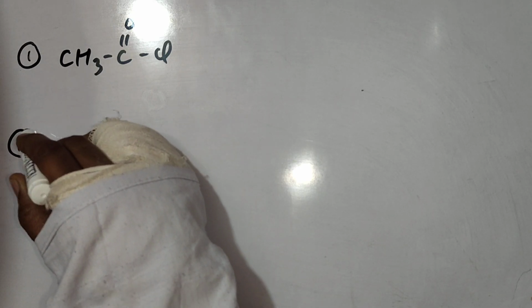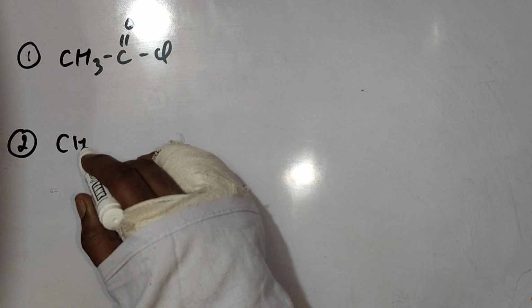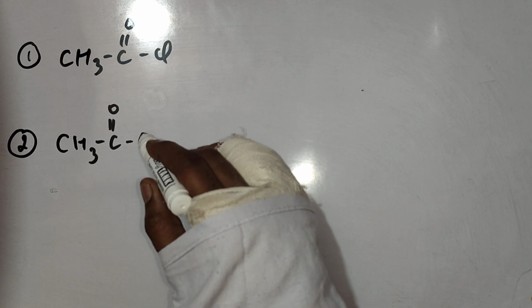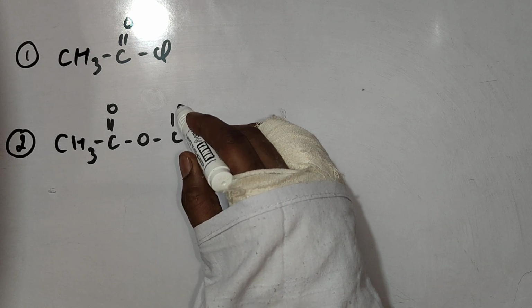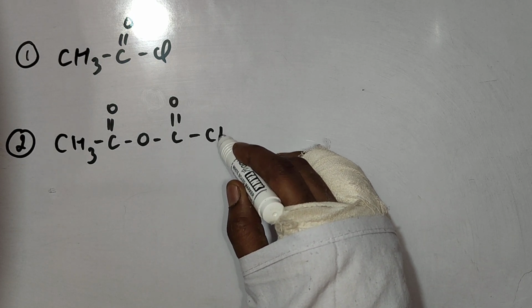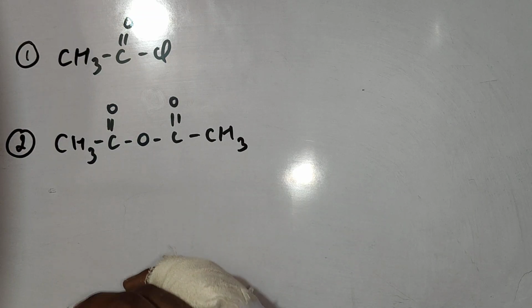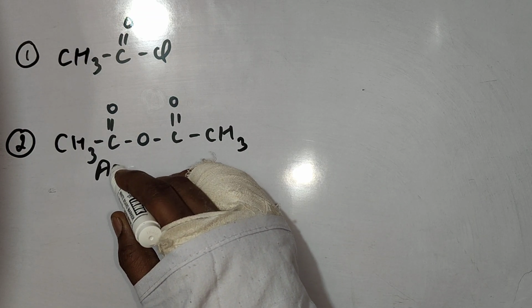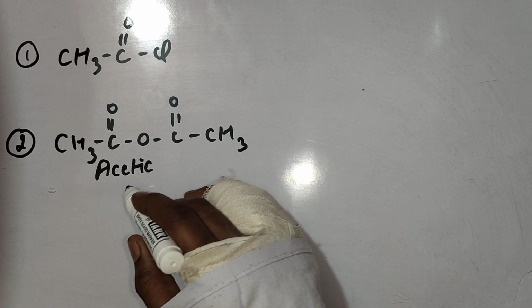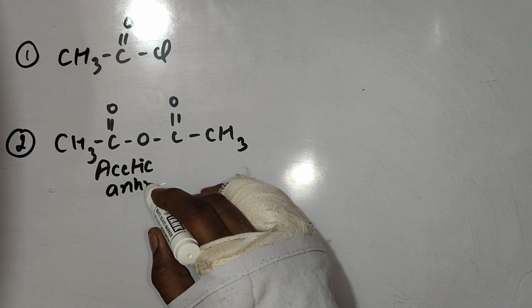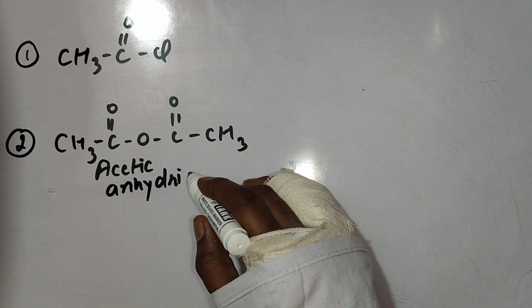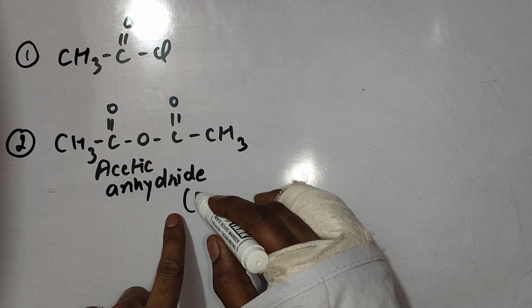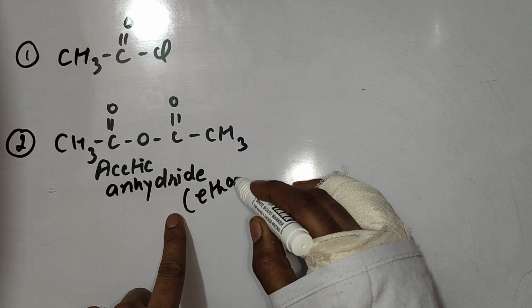Second compound with which it will react is this acetic anhydride. It's a common name. Its IUPAC name is ethanoic anhydride.